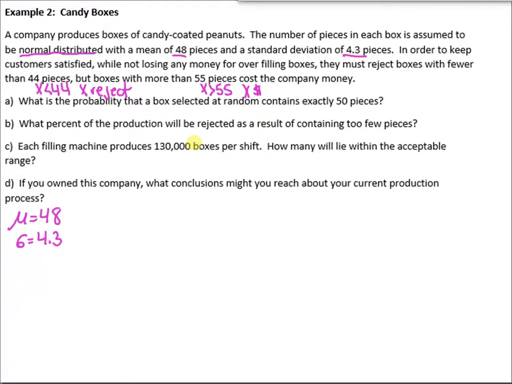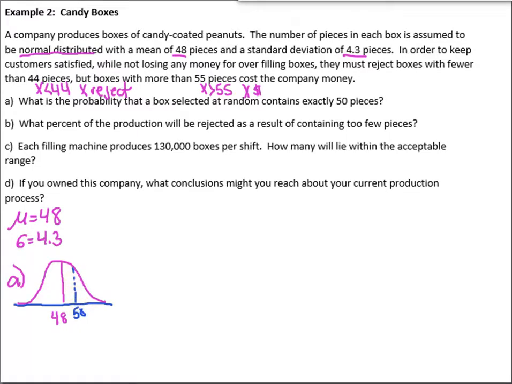What is the probability that a box selected at random contains exactly 50 pieces? When we do a question like this, we have the normal distribution with the mean right in the middle, which is 48. Here's the problem: the probability of there being exactly 50 pieces in the box is actually 0.